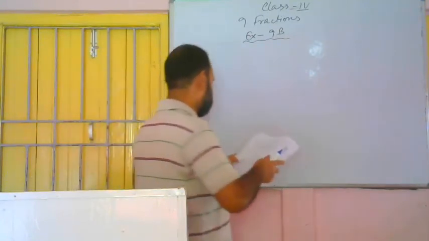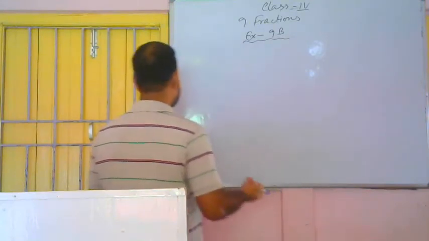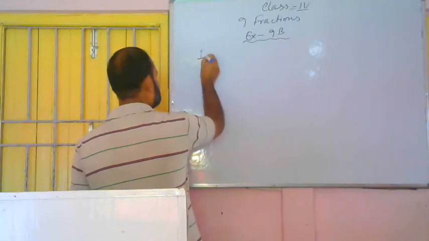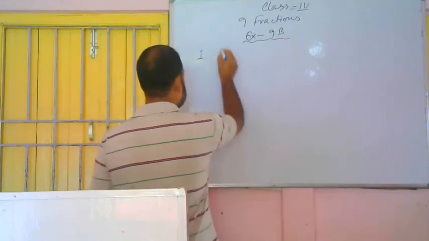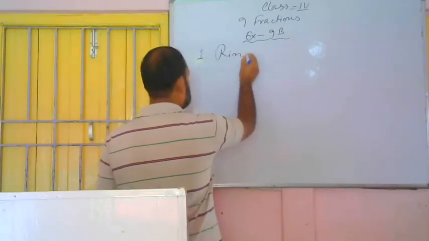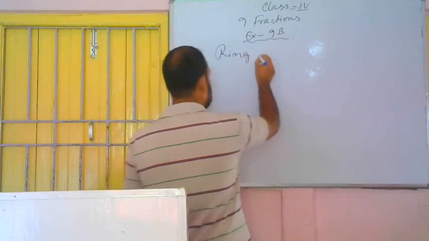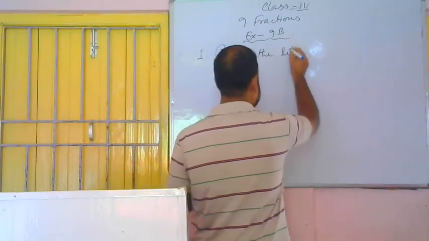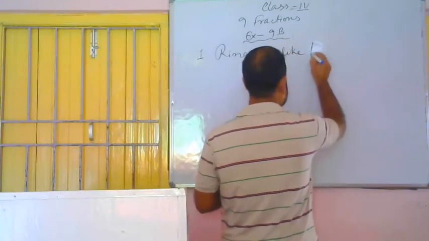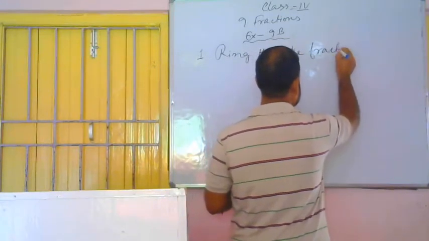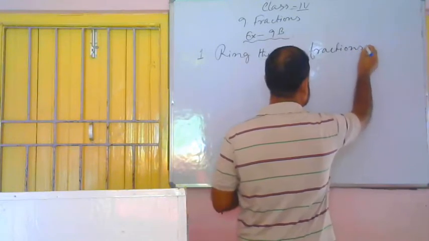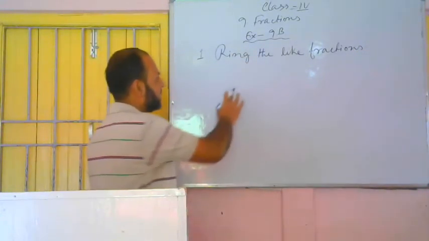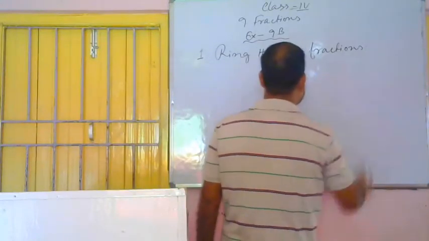Exercise 9b. Question number 1. Ring the like fractions.